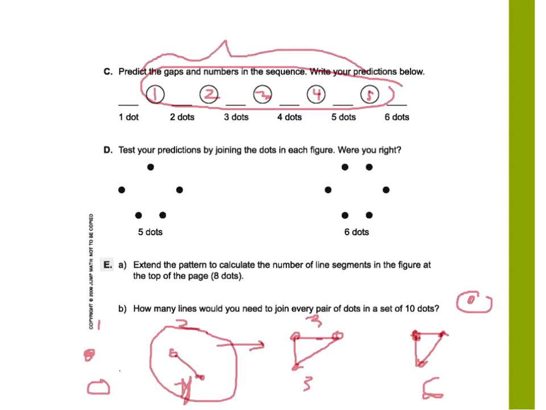Now I don't have time to go into that in depth today, but just try thinking about that. Why is the gap increasing by 1 every time? It's because when you add the new dot, you're joining it to a pre-existing shape that has a certain number of dots. And so you're always increasing by the number of dots in the previous shape, because you're joining a line to each of those things. So that's another investigation that's in our grade 7 book for kids.